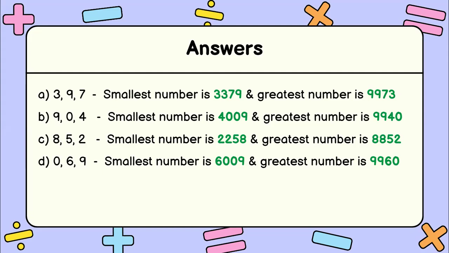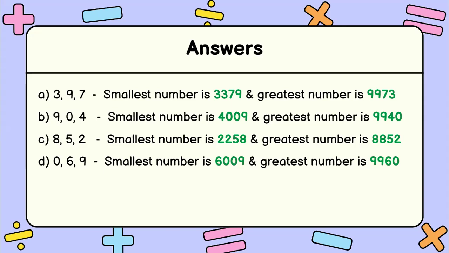Let's see the C sequence. Thank God, there's no zeros in this one. 8, 5, and 2. The smallest number, we'll repeat 2, then 5, then 8. So 2258.